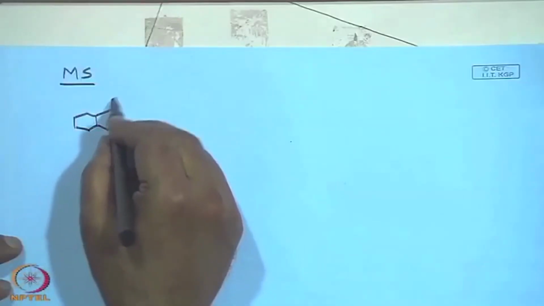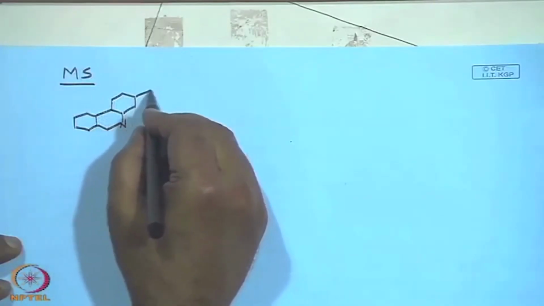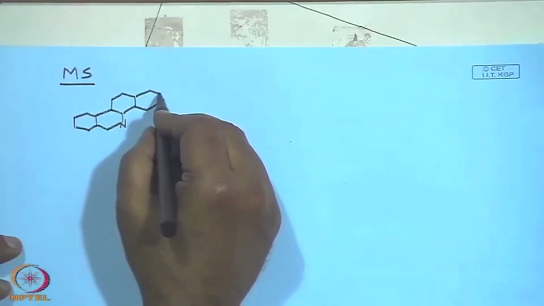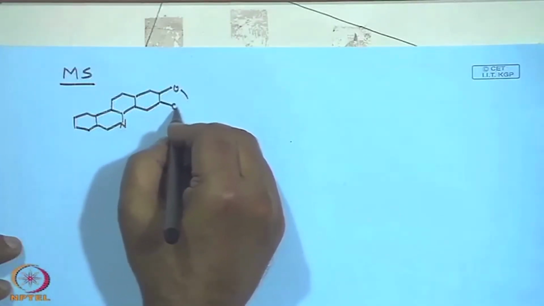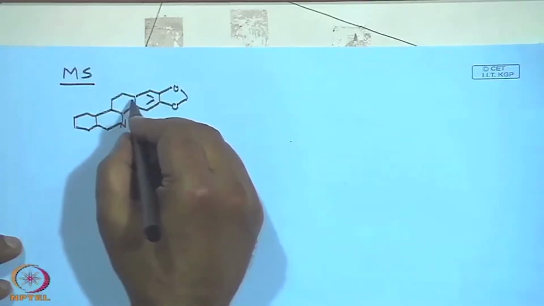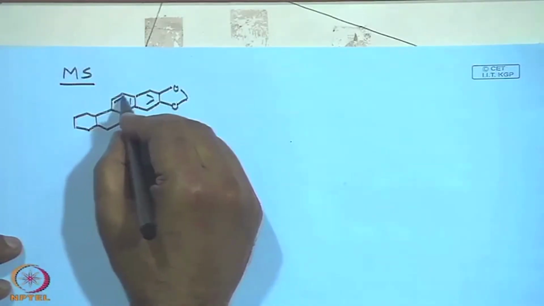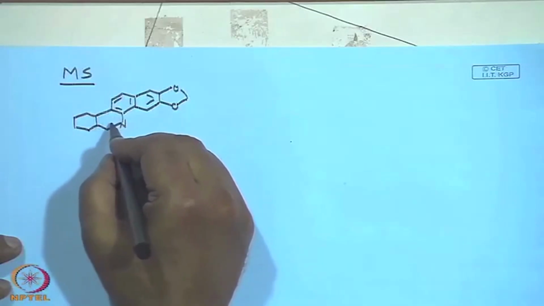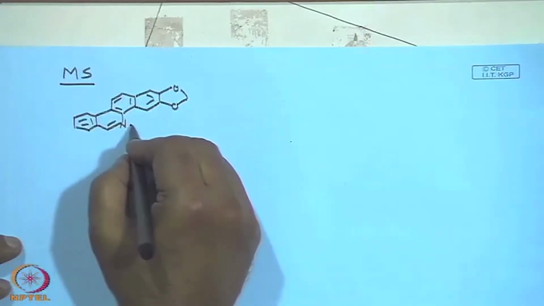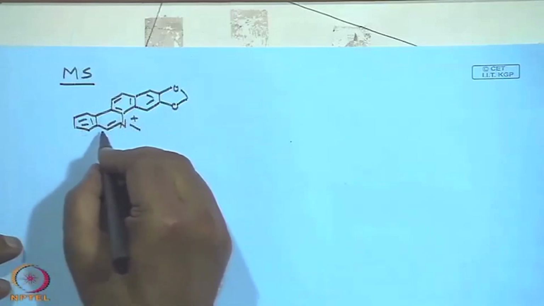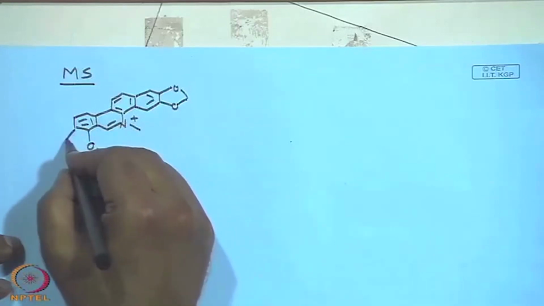Like I have an example here, this was published in 1995, it is an alkaloid. If you do this chemical analysis, you will get the molecular ion peak, molecular formula, etc. It is a tetracyclic molecule, and you have a plus charge here, then this methoxy and methoxy.